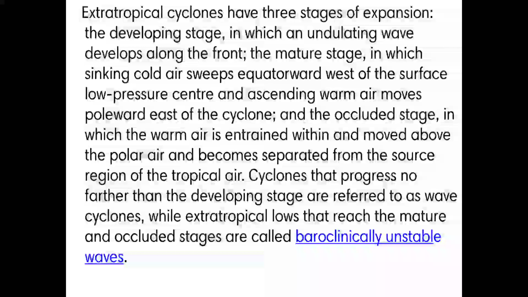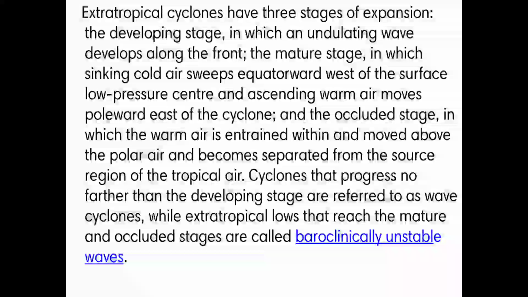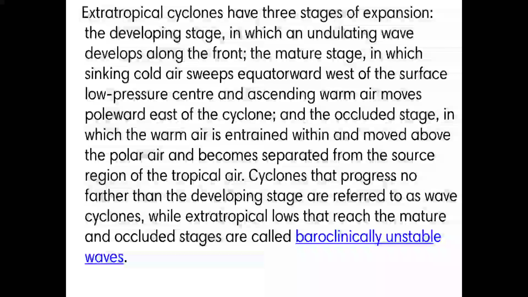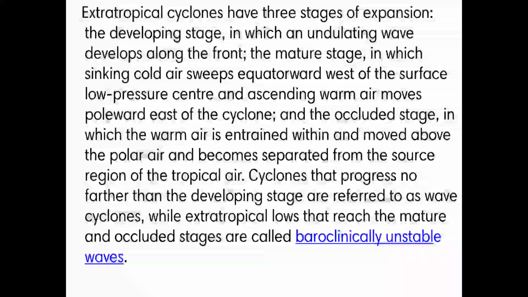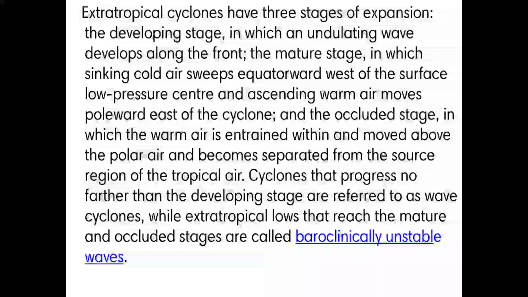Extratropical cyclones have three stages of expansion: the developing stage, in which an undulating wave develops along the front; the mature stage, in which sinking cold air sweeps equatorward west of the surface low pressure center and ascending warm air moves poleward east of the cyclone; and the occluded stage, in which the warm air is entrained within and moves above the polar air and becomes separated from the source region of the tropical air.